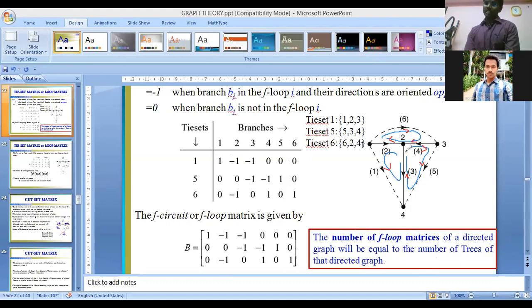If you change the tree, you can get a different matrix. However, you can get the same solution later if you do any kind of analysis by using this matrix.